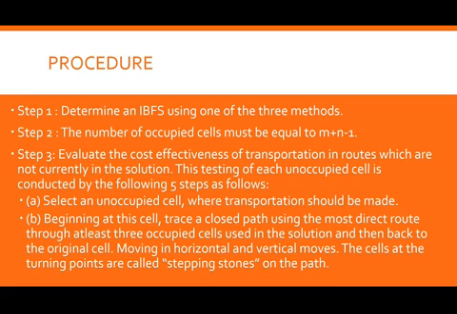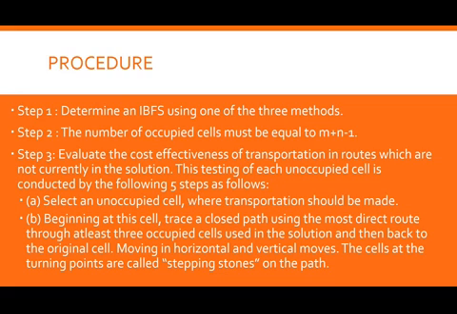This testing of each unoccupied cell is conducted by following the 5 steps as specified below. So we have 5 steps using which we check whether an unoccupied cell can be included into the solution. If it is included, what is the net cost change it causes?